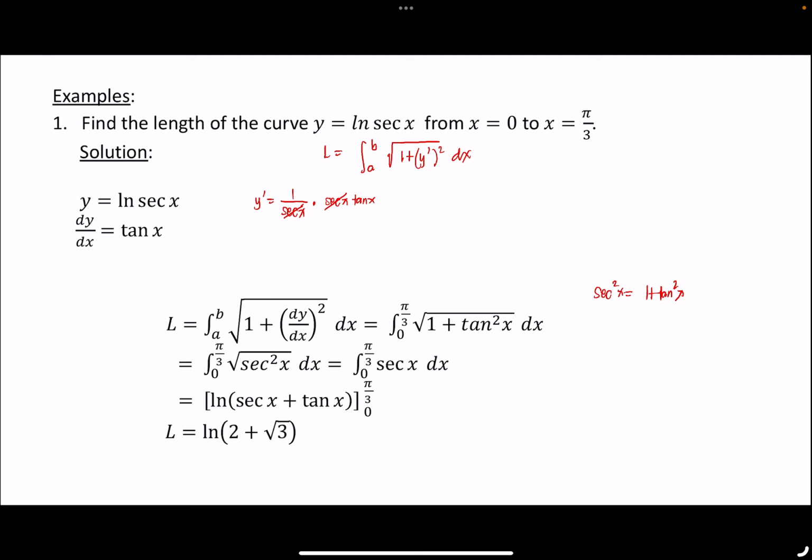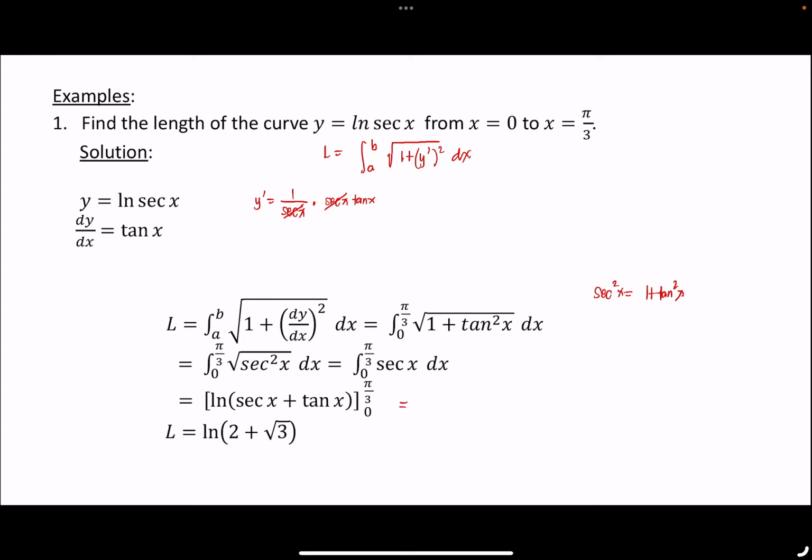Substituting the lower limit, it would be ln of secant 0 plus tangent 0. Secant 0 is 1 and ln 1 would be 0. And thus, we have the length equal to ln of 2 plus square root of 3.